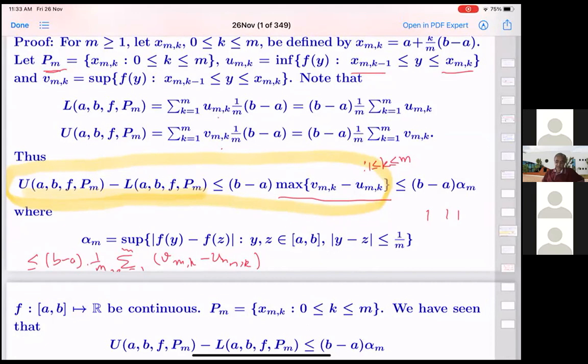And each of VMK minus UMK will be less than or equal to this alpha, because VMK is the maximum over an interval and UMK is the minimum over the same interval. So their gap is less than or equal to, you take 2 points in that interval and then take the maximum distance between them. That is the idea.